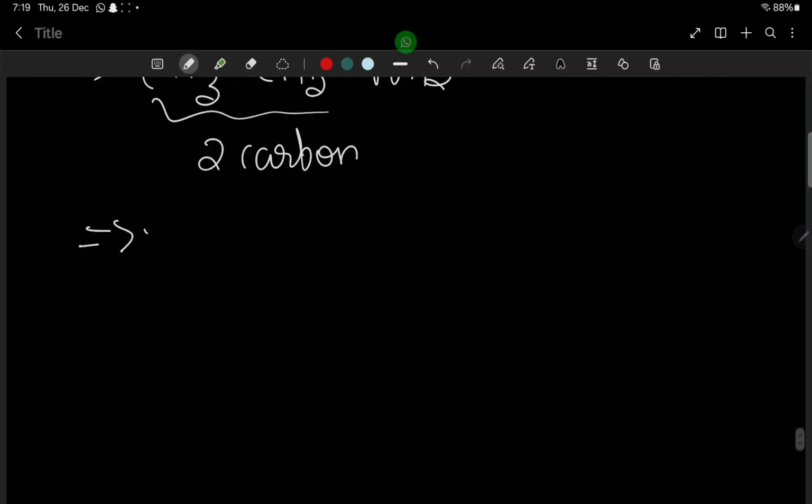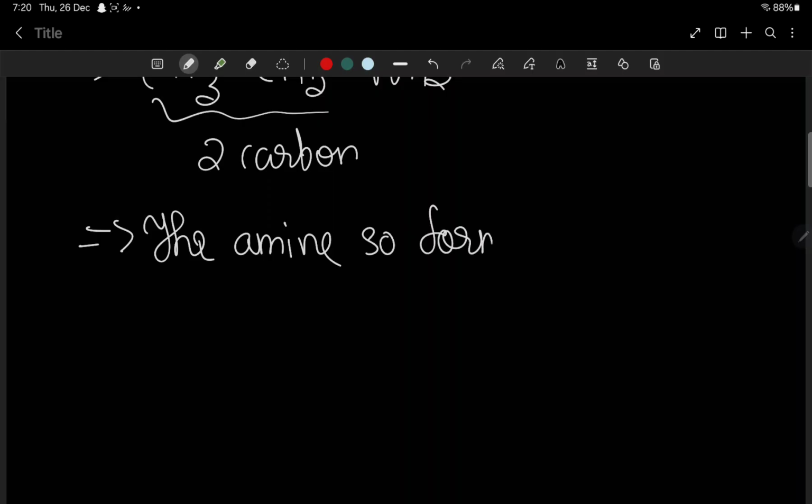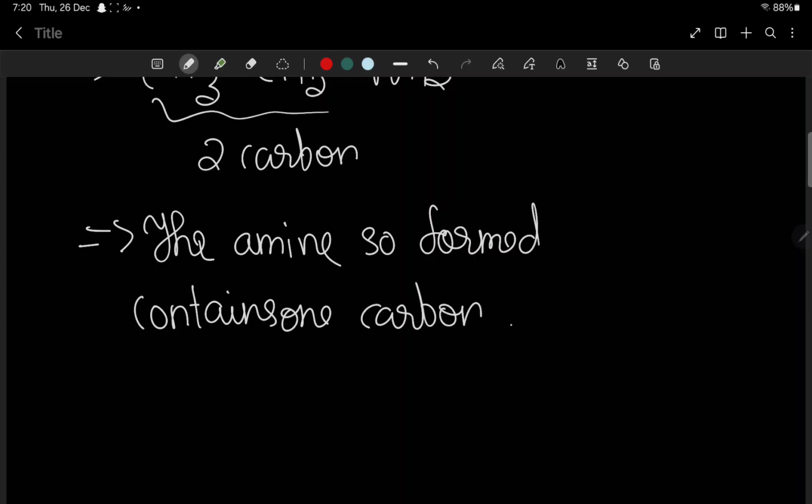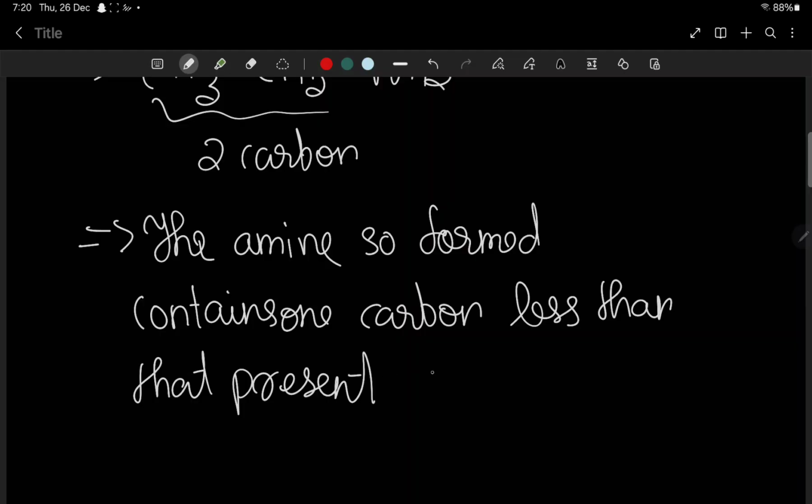Very important: the amine so formed contains one carbon less than that present in the amide. This is the most important thing of this reaction. One carbon less. In the cyanide reaction, one carbon was more. In this reaction, one carbon is less. That's the thing. Okay. Yes.